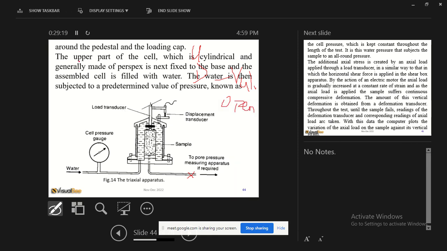So let's say this is the pore water pressure, and this is the stress. If initially the pore water was here and you are increasing the stress, then the pore water pressure will increase because the valve is closed, which means water cannot escape.